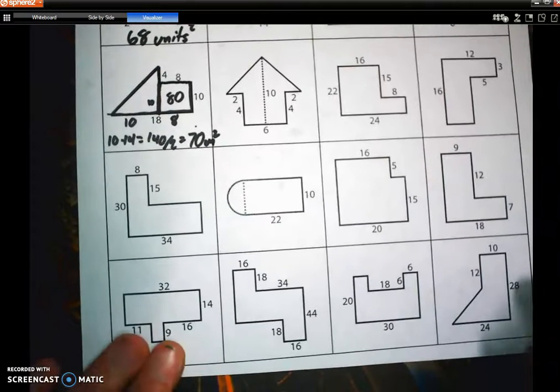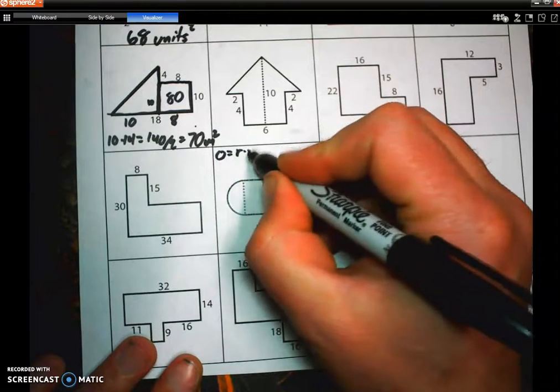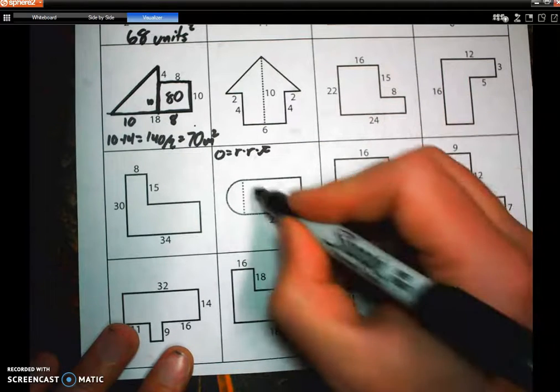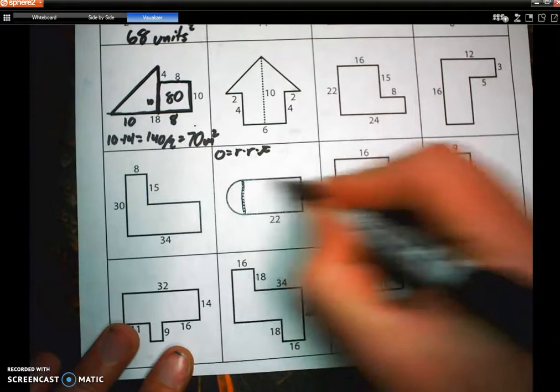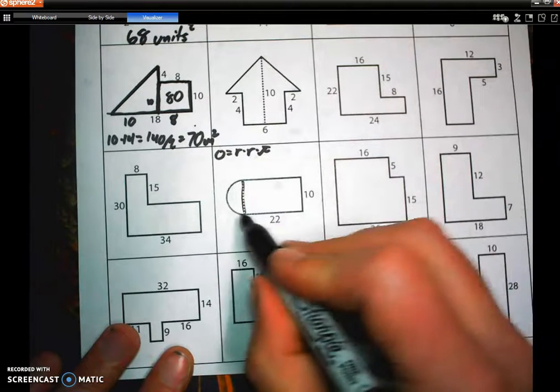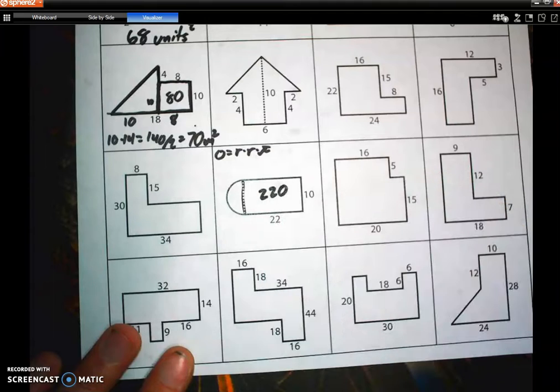Let's try one of these with a little half circle on it. Now remember, the area of a circle is radius squared times pi, which is 3.14. I've got a rectangle here and a half circle there. The rectangle's not hard. It's 22 times 10, which is 220 units.